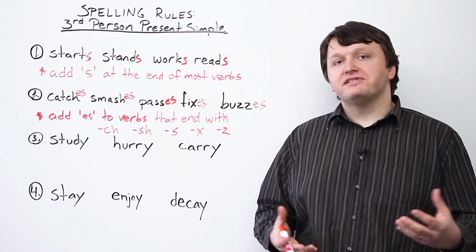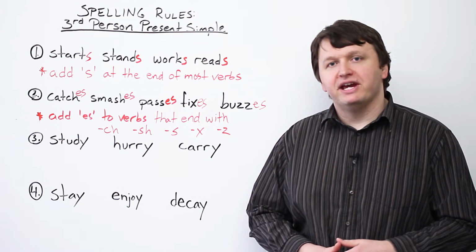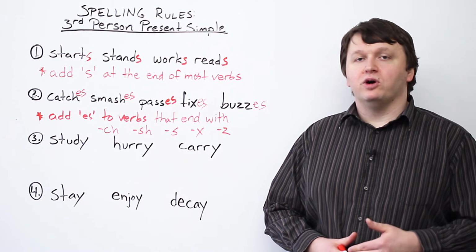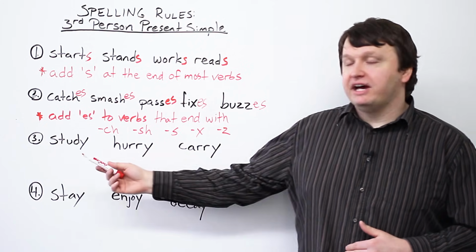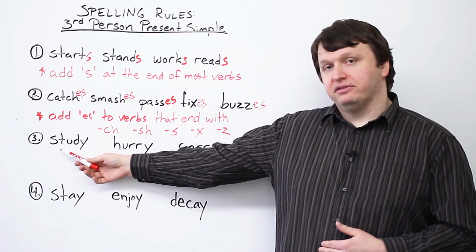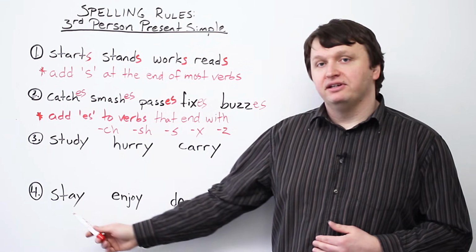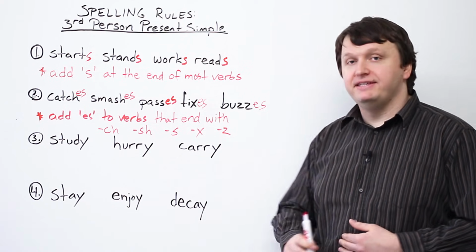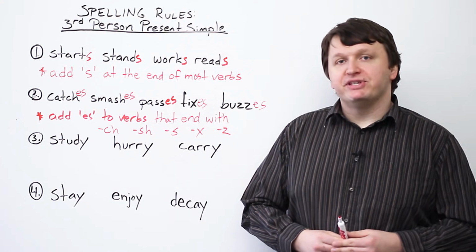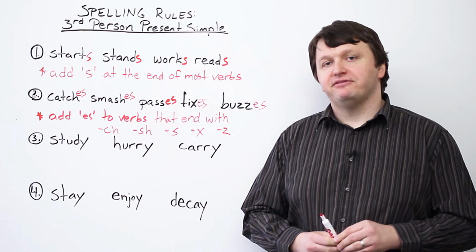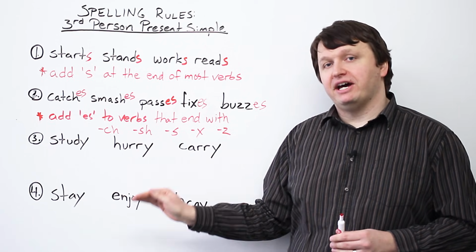Okay, now let's look at another list of verbs, and these are verbs that end in y. And we actually have 2 categories of them. We have number 3 and number 4: study, hurry, carry, stay, enjoy, decay. Now, all these verbs end in y, but they do have a difference for each category.